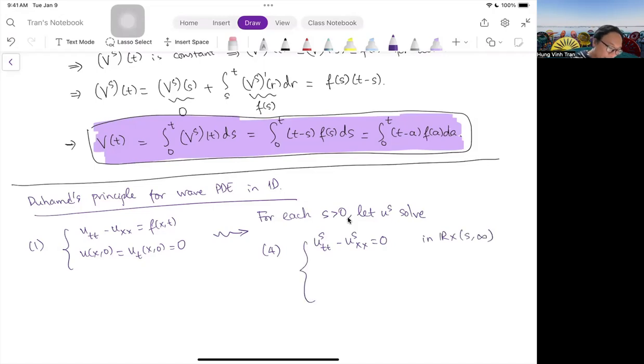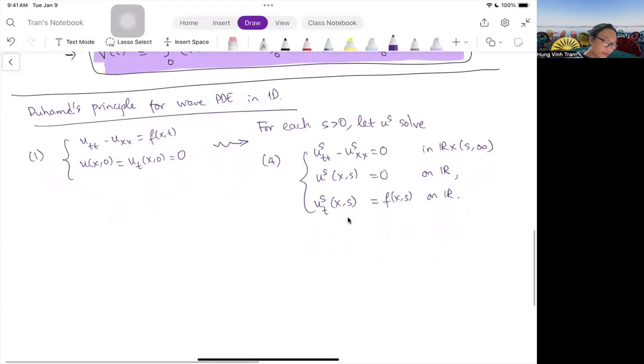I put u^s(x,s) is 0. So I'm not changing the position, but I'm changing the velocity. The velocity u^s_t(x,s) is given to be exactly f(x,s) on R. So the velocity here is now being put as f, which is considered to be the initial data for this equation. And for this equation, we have already solved it.